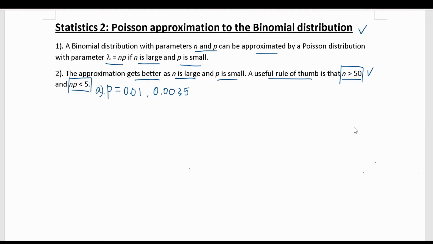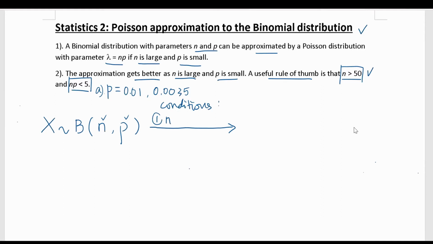When you attempt an exam question, the random variable can be modeled as a binomial distribution. When you read the question, you should be able to identify the independent trials and the constant probability. Then you will see that n is large, which means n is more than 50, and p is small.